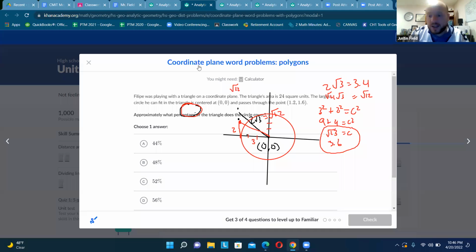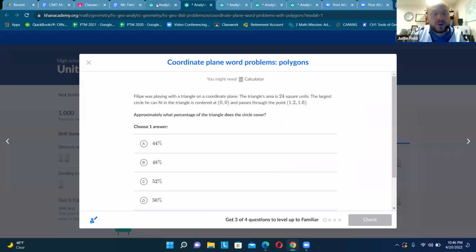Okay, and the last question we're going to do in this little puzzle is Felipe's, because this is on the organizer. All right, and it's another chance for us to draw a picture. So playing with the triangle and the coordinate plane. The triangle's area is 24, the largest circle he can fit.